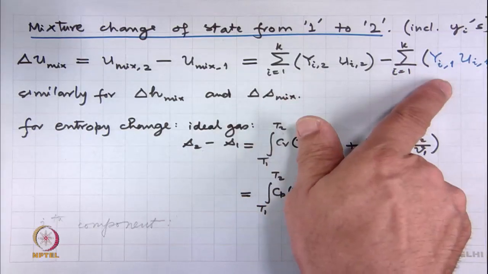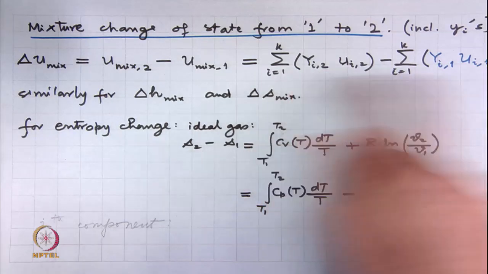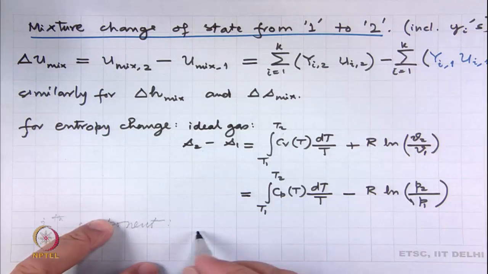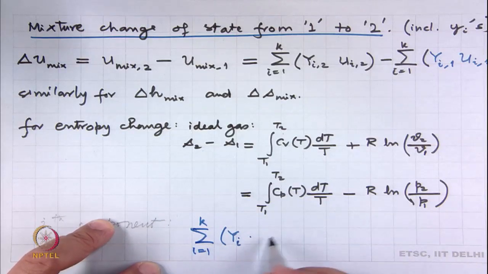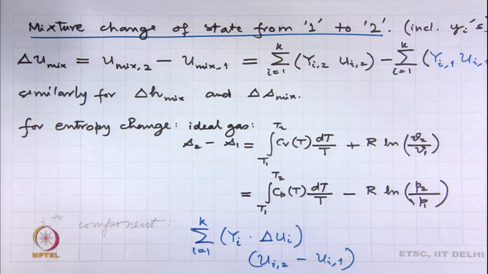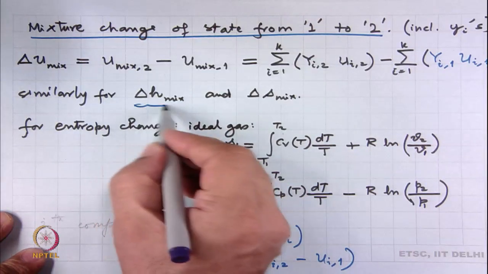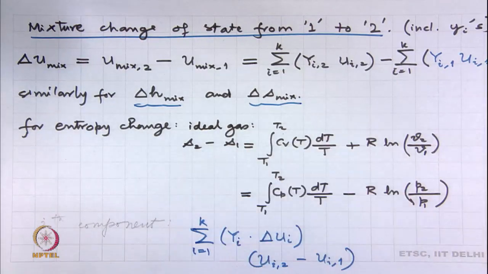If there was no change in the mixture components, then this relation will become simpler and it will just become the summation i equal to 1 to k of yi, which did not change during the process, multiplied by delta ui, which is nothing but ui2 minus ui1. And we can, based on this, get similar properties for changes in the enthalpy, specific enthalpy and specific entropy of the mixture.